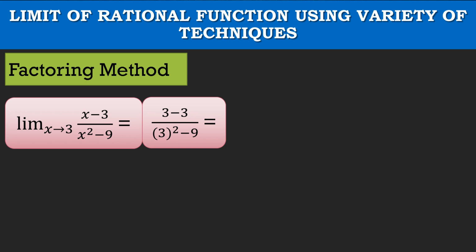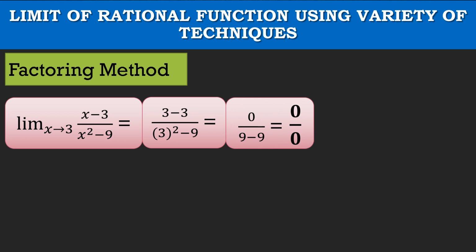So lahat ng x magiging 3 by direct substitution. Then we get 0 over 0, or that is indeterminate. Okay? And we all know that meron tayong value dito, but we don't know the exact value for this. So instead of direct substitution, we will use the factoring method.